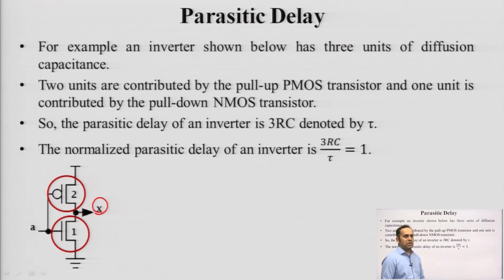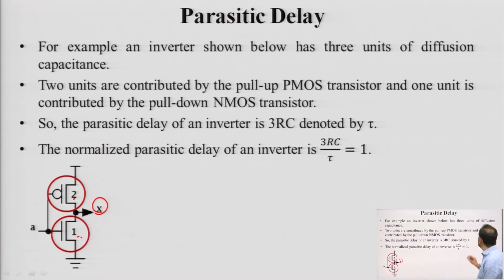This PMOS, which has twice the width of an NMOS transistor, is going to have a capacitance 2C, plus this unit NMOS here is going to have a capacitance C. So the net diffusion capacitance appearing at the output node is 3 times C, and the resistance being provided is R, because the PMOS being twice the width has half the resistance, and the unit NMOS has a resistance R. So at a time you are going to see a resistance R and capacitance 3 times C. The total parasitic delay, which is the RC time delay here, is 3C times R, or 3RC.